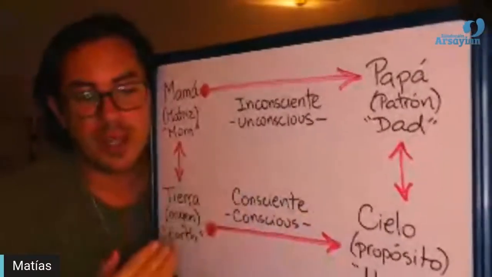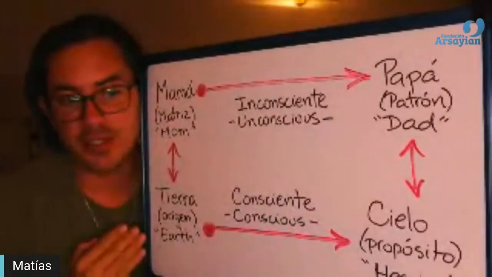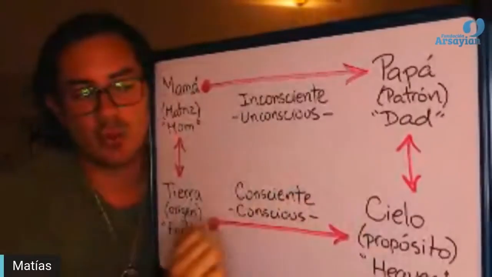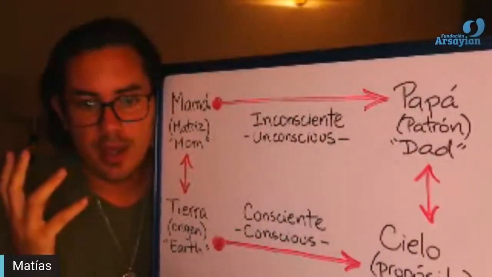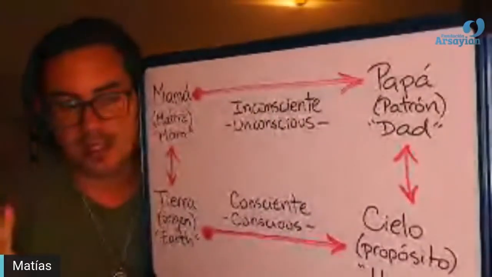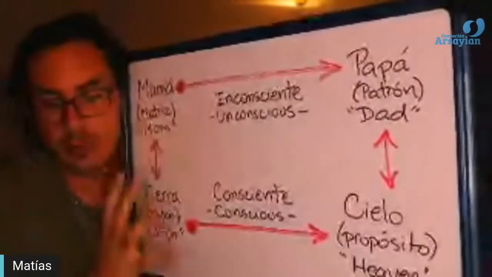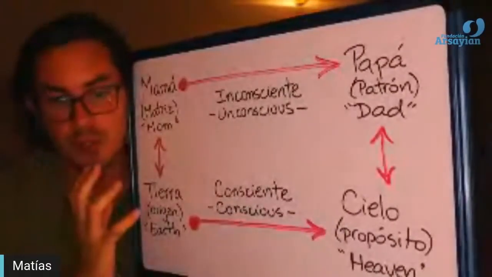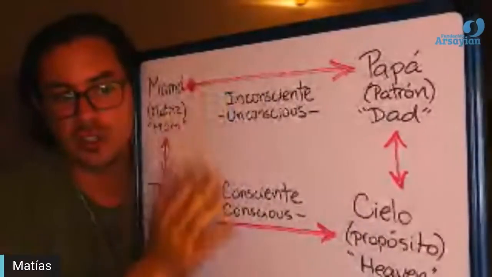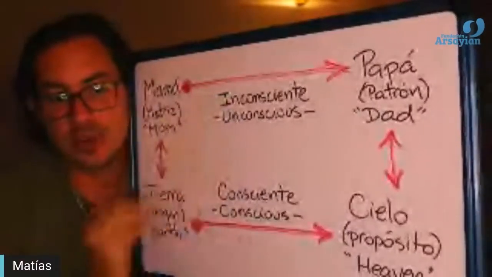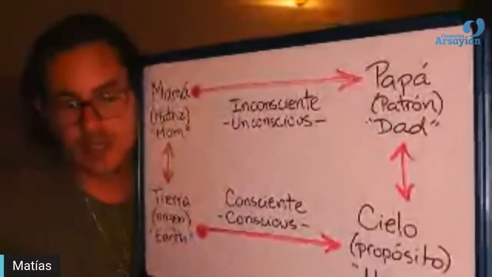So this is why we can read the matrix as the origin and the pattern as the purpose. It's important to understand that this is just a point of view from our human perspective, so we can understand why we see this from the unconscious and why we see this from the conscious. So let's go into each one of them.